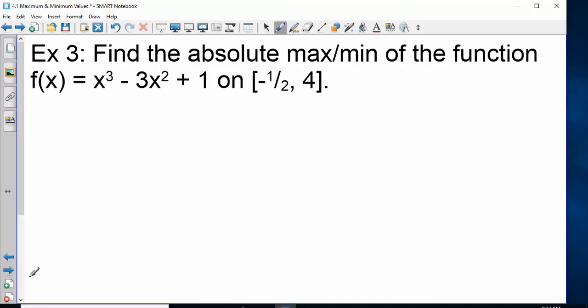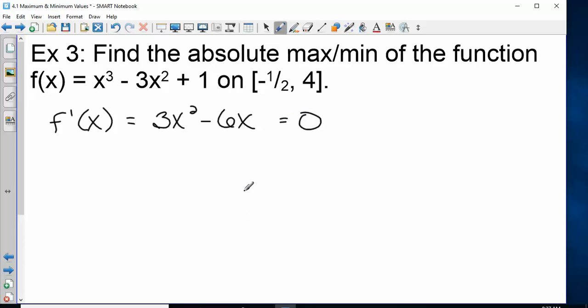X cubed minus 3x squared plus 1, that is a polynomial, so we know it's continuous. That means there has to be critical numbers. We have a closed interval, so we should have a maximum and a minimum on this interval. So we first find our critical numbers. So we need to find when the derivative is 0. So the derivative of this would be 3x squared minus 6x.